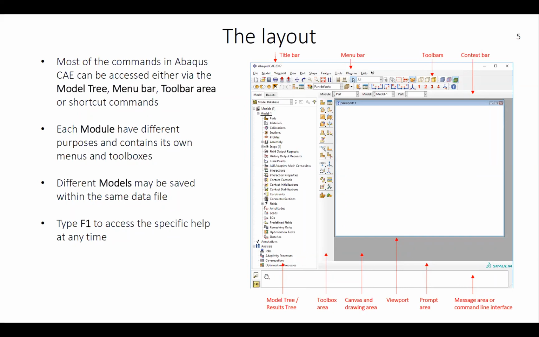And then you have a command line area down here from which you can see what's going on in the module, or you can also call different kinds of Python scripts directly in this message area. And if you have any problems on how to define things, if you're in a certain menu, you can often just press F1 and you will automatically go to the corresponding part in the online manual.